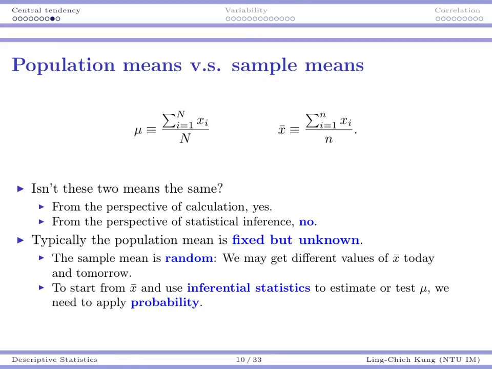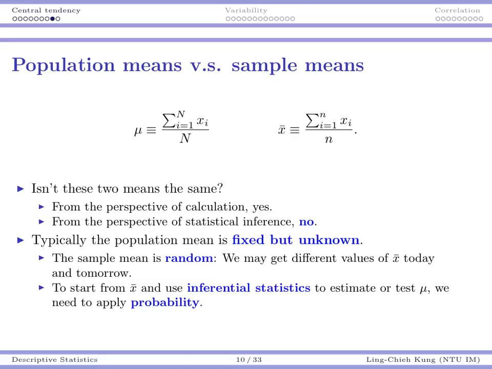One thing that you can understand at this moment would be the following. We know that the population mean typically is fixed because the population is just there. Okay? Now, if we want to ask what's the average height of all NTU students, all NTU students are there, and they all have height.